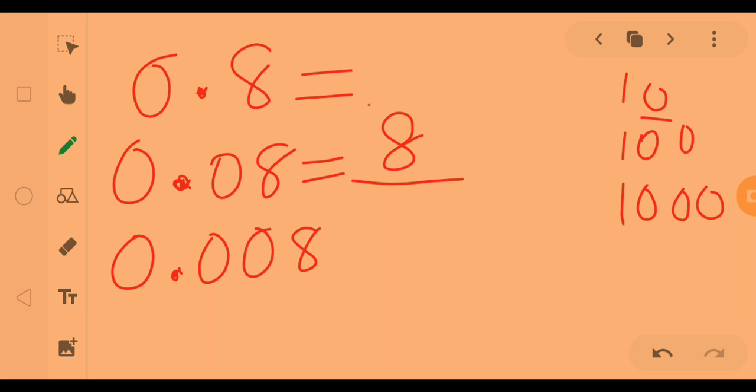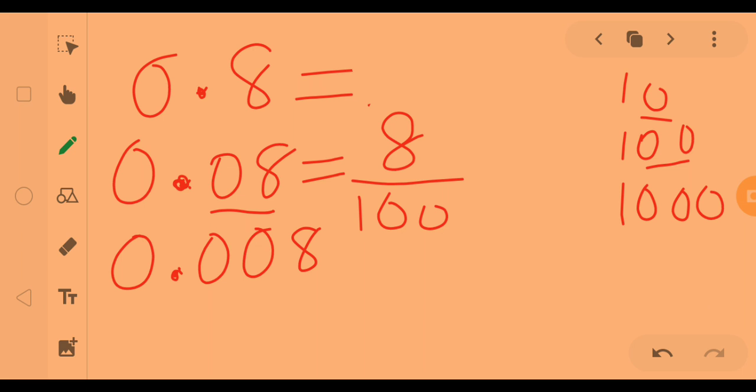Then we draw the fractional bar and see which number can be the denominator: 10, 100 or 1000. In 0.08 there are two decimal places, and we choose the number which has two zeros. So two decimal places, and we choose 100 to be the denominator. So 8 upon 100.